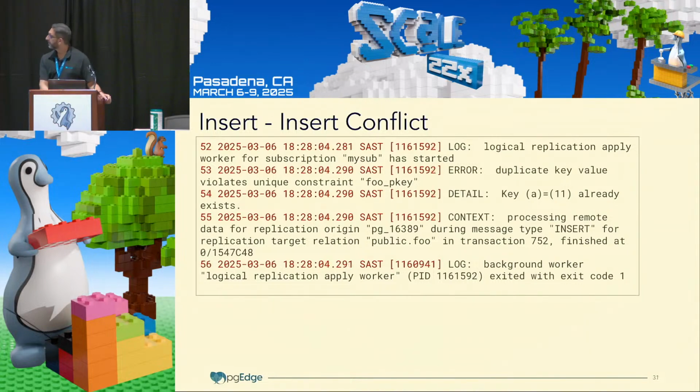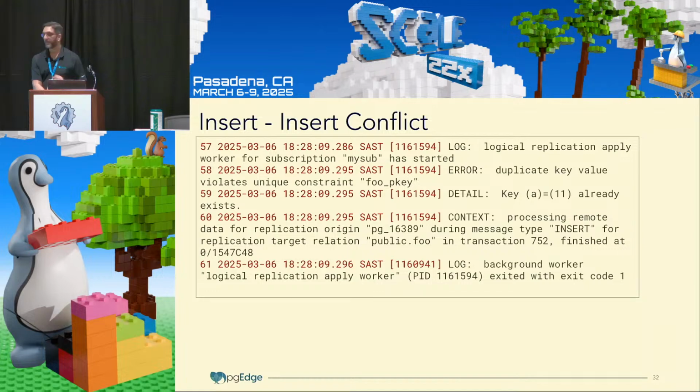Next slide, next slide, that's the same. What you'll notice is the first column changes, 57, 58, 59, and the time changes. The other important information to note is the time from when you have a conflict to when another apply worker starts.